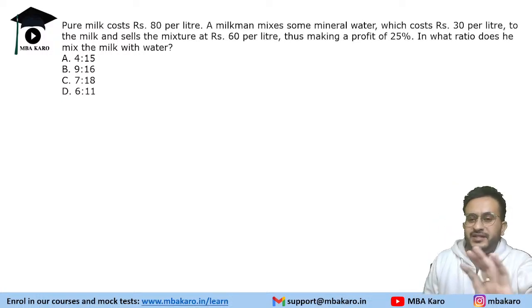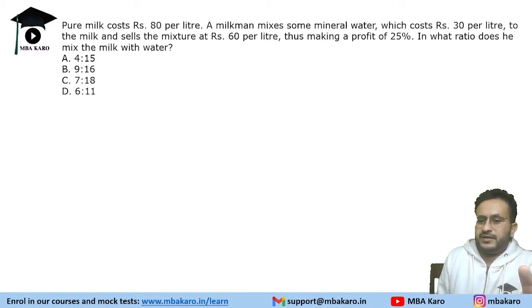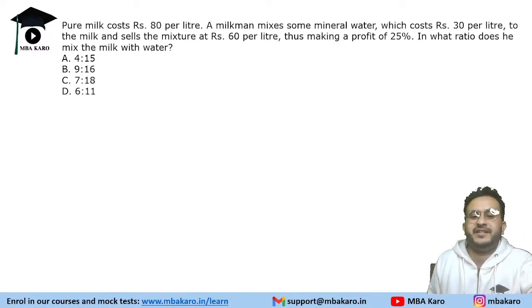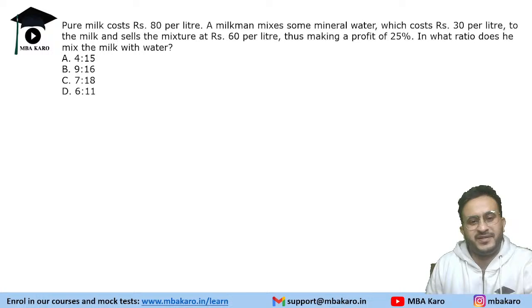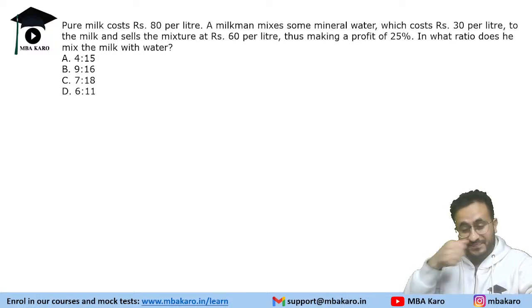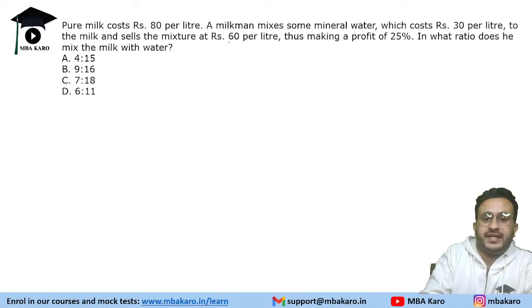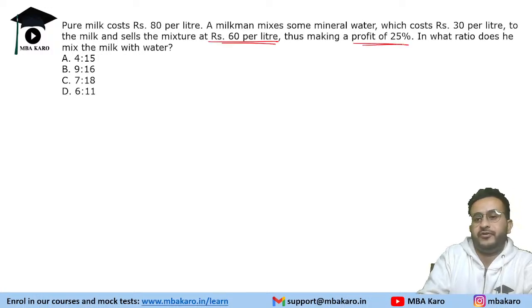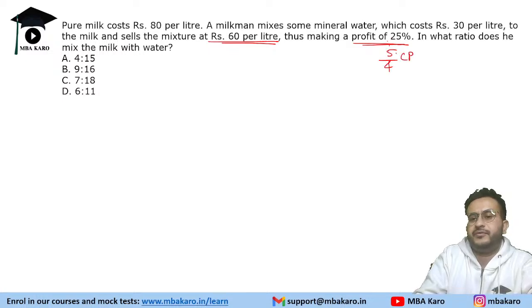See, if in a question nothing is given, you will take the value of the price of water as zero. Okay, price of water is zero, but if they specifically give you that a person is mixing some mineral water or something, then you will have to take that price. So you need to find the ratio in which he is mixing it. He is selling at 60 per liter and making a profit of 25%. 25% is one fourth.